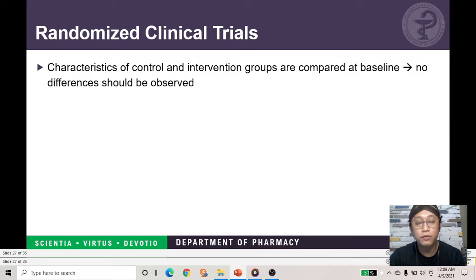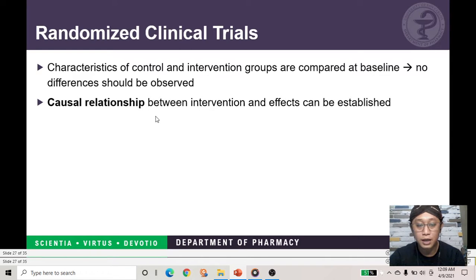So when we observe differences in the outcomes between the control and intervention group, it means that the intervention could be responsible for the appearance of the outcomes. So in this kind of study design, we can have a causal relationship. The study design is very strong to establish a causal relationship.